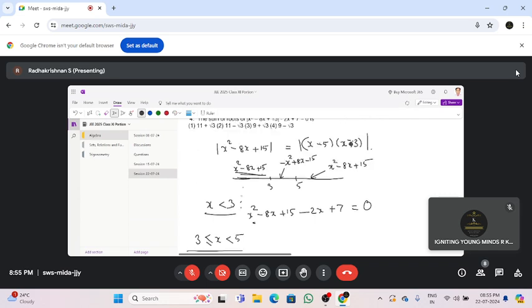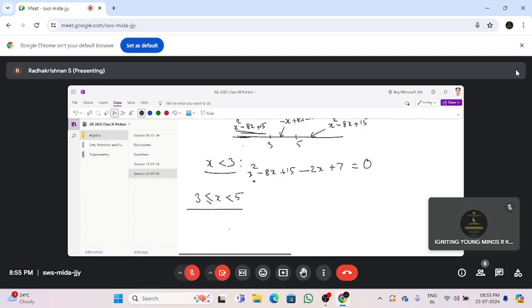In this range, the function changes like this. Or you can actually do it like this: there are 3 ranges, x less than 3 and x greater than 5. You solve this equation and take whatever values you get for x less than 3 and greater than 5.